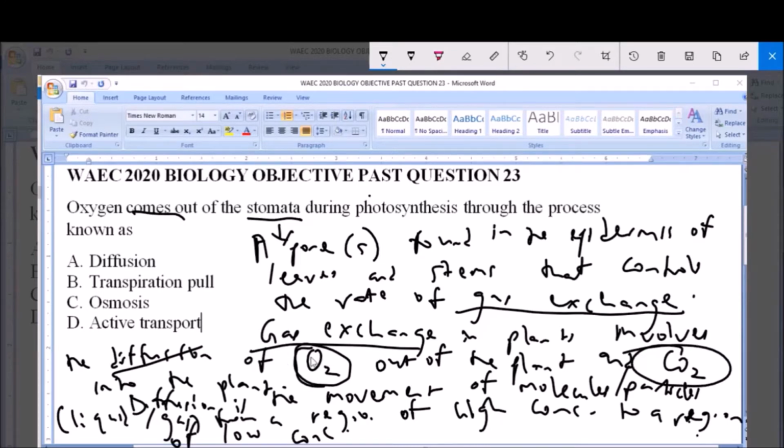So you can see that you have the movement of the oxygen molecules from the region of high concentration, where it is more within the plant, to a region of lower concentration, which is outside. So as we've rightly established, diffusion is the process by which oxygen comes out of the stomata during photosynthesis.